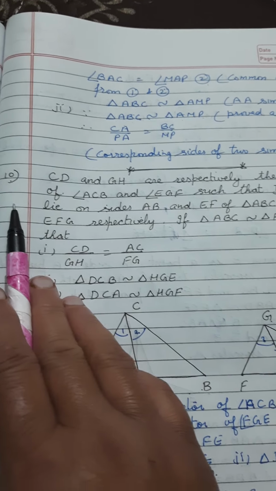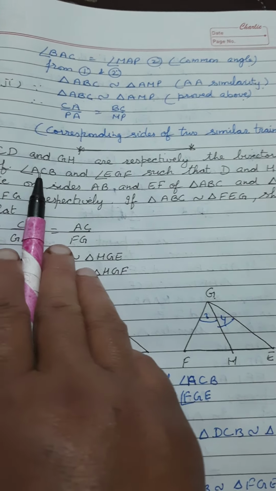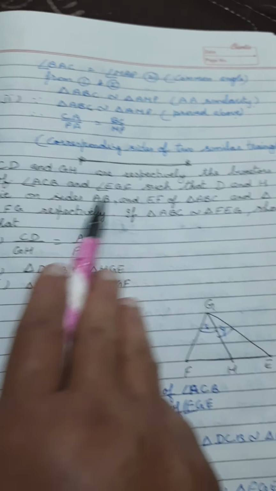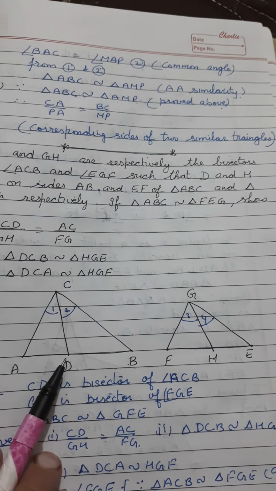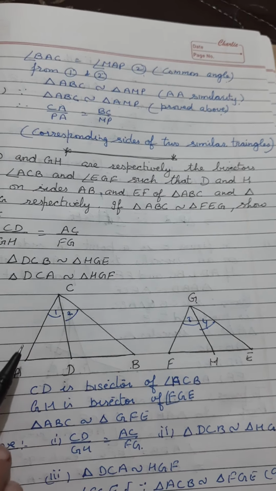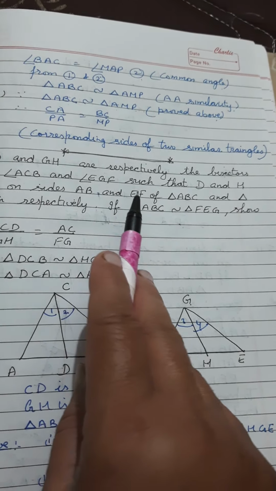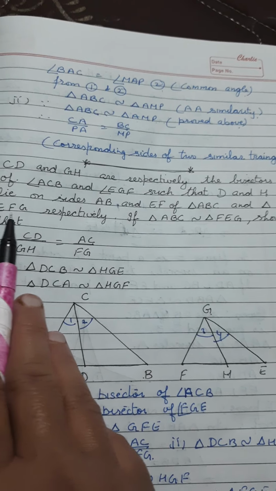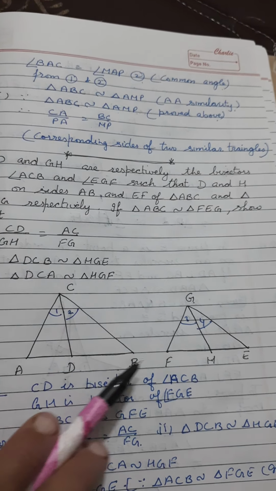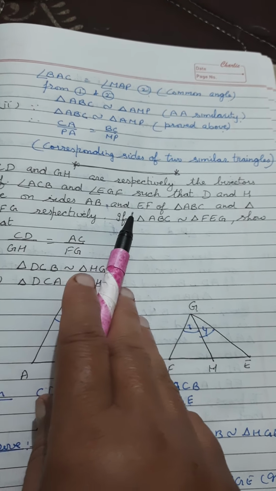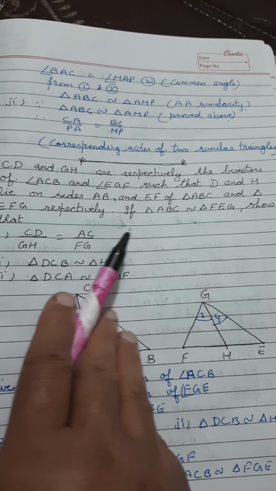Then question number 10. CD and GH are bisectors of angle ACB and angle FGE, such that D and H lie on sides AB and FE of triangle ABC and triangle EFG respectively.